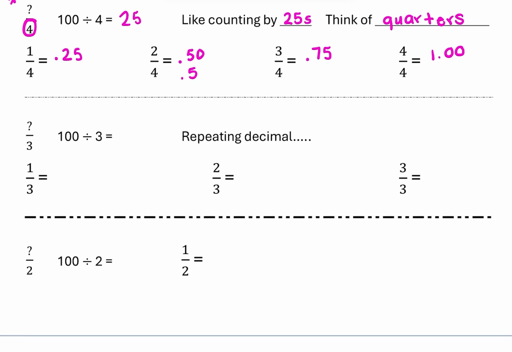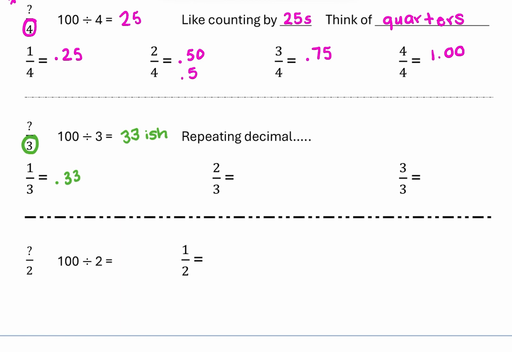Okay, the next one, this one's a little bit different. If your bottom number is a 3, 100 does not go into 3 perfectly, but it's about 33-ish. Okay, and when I say ish, I mean it's a repeating decimal. So if we divided it, it would never stop. So 1/3 is 0.33333. It would go on forever.